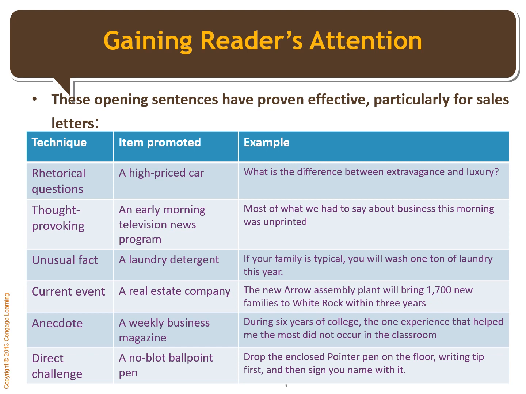And then you could also use unusual facts, and you could use current events to make things more relevant to your audience. You could use an anecdote. An anecdote is basically a story. And then you can also use direct challenge.